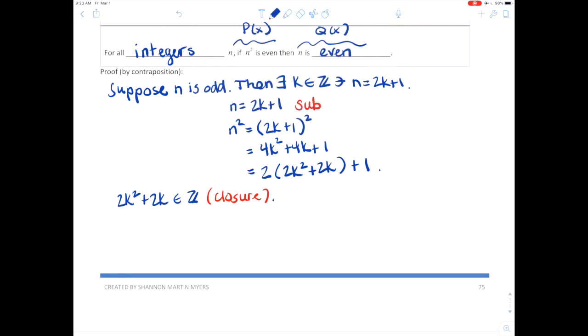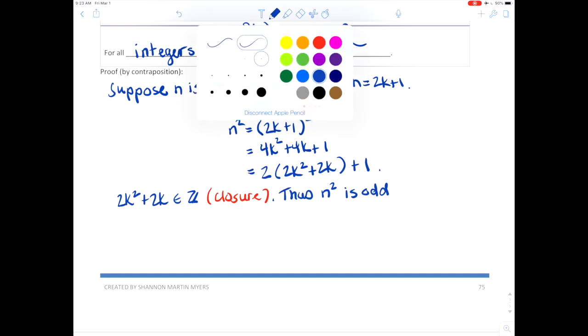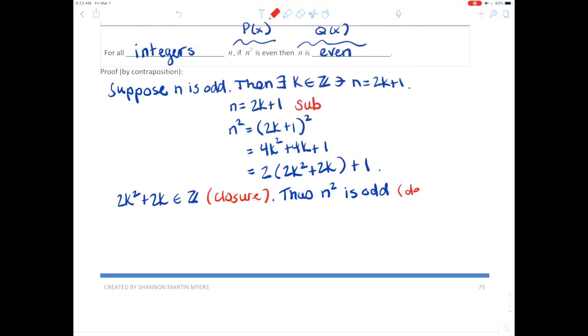All right. Thus, n squared is odd by definition, right? Definition of odd.